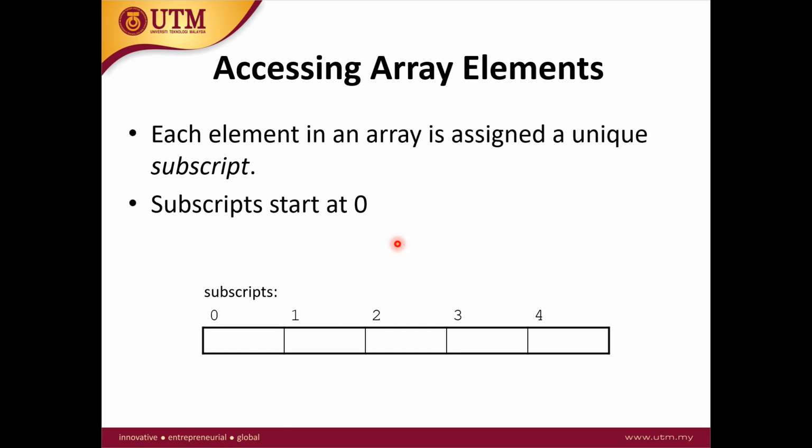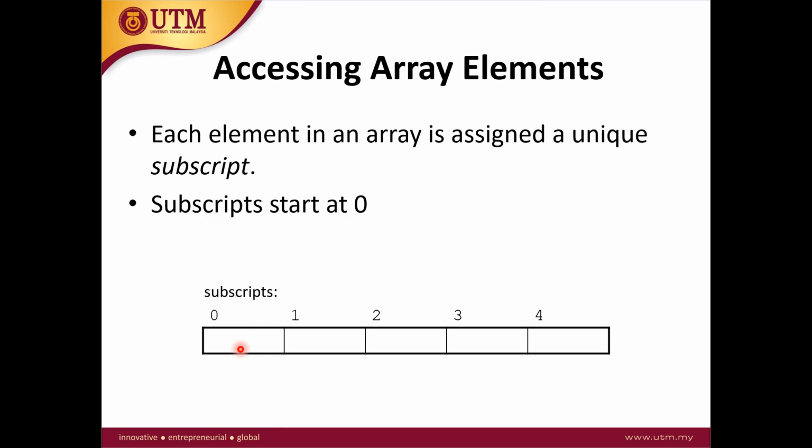This one is very important: accessing array elements. For example, how many elements do we have in this array? 1, 2, 3, 4, 5. So the size of this array is 5. We've got 5 different elements, but the subscript starts at 0.